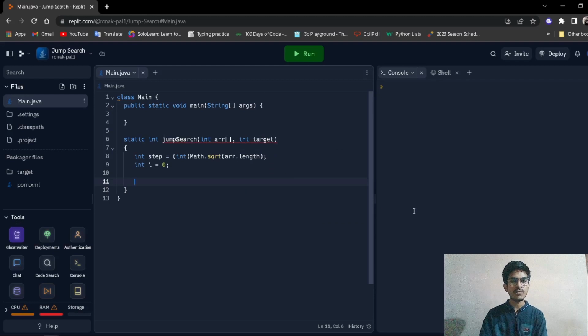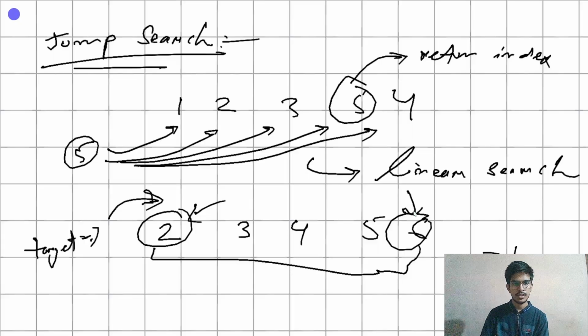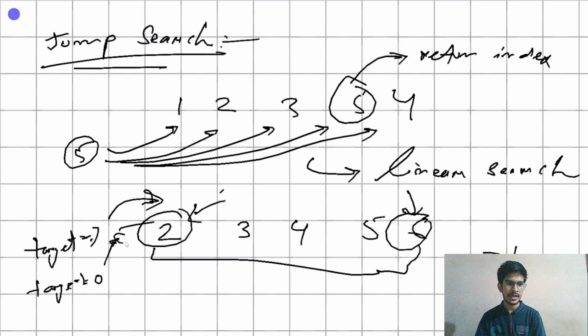So if arr[0], the first element, is greater than the target, suppose we have a target of 0 here, that means the target is smaller than the first element.